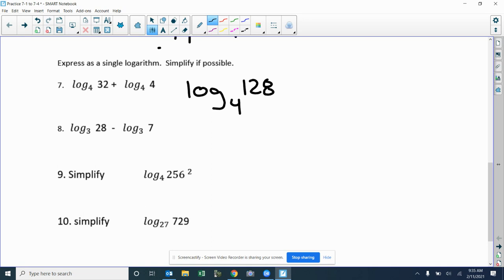I'm not even asking you to solve these without a calculator. So this is really going to be simple. Just practice. Log 128 divided by log 4. 3.5.